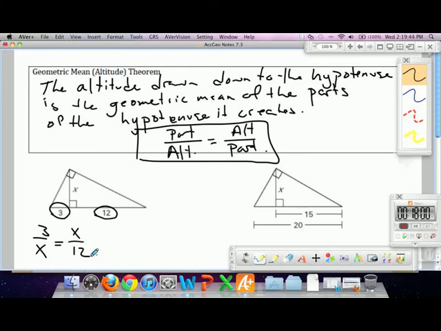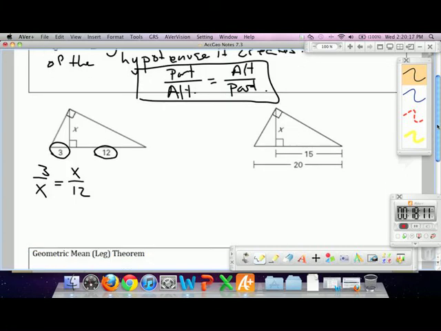You get the same thing if you did the more visual approach, drawing the triangles, finding the corresponding parts and matching them up, or if you just use this theorem. Let's find what this is, and then you can do 15 over x, or equivalently, you can say 5 over x equals x over 15. Each of those proportions gives you the same value of x.